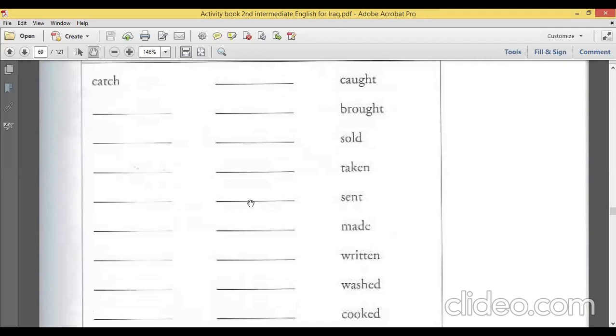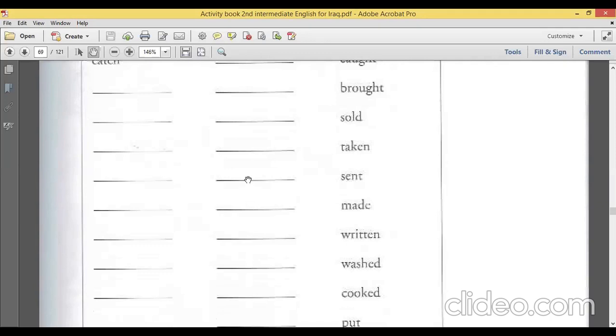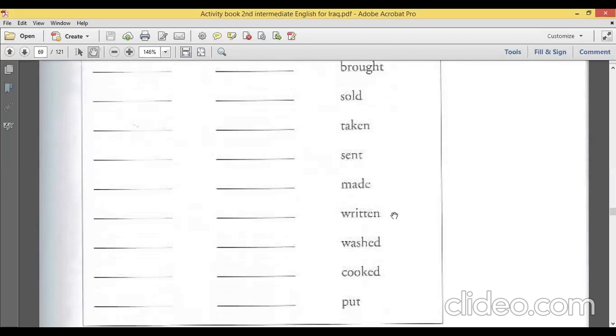Send. And the past tense? The past tense is sent. Exactly. Made. What is the original verb of made? Make. And the past tense? Made, exactly. And now written.